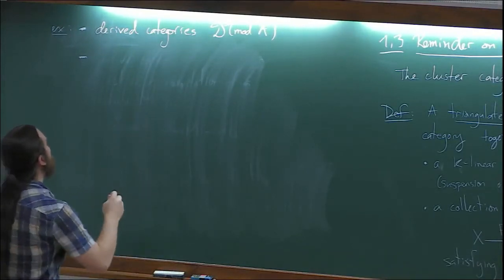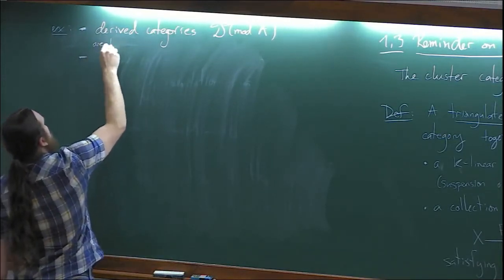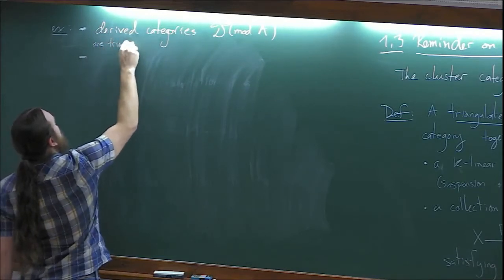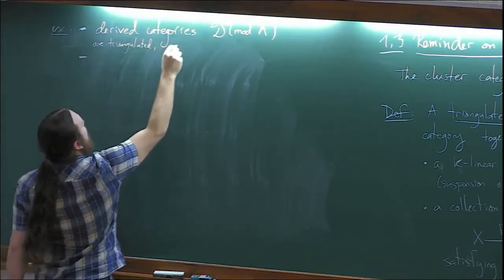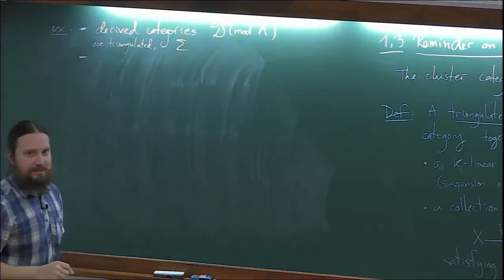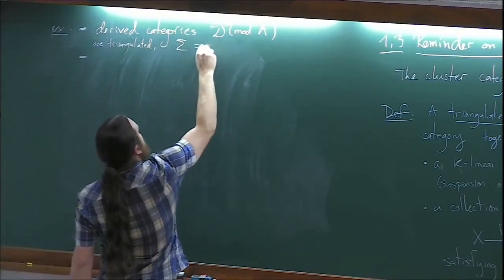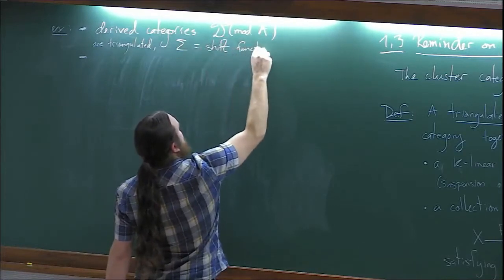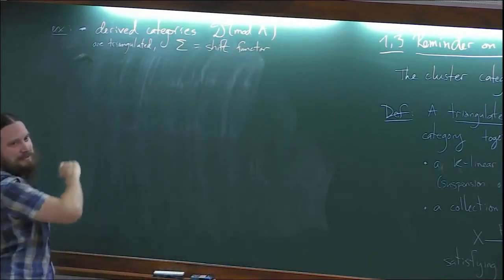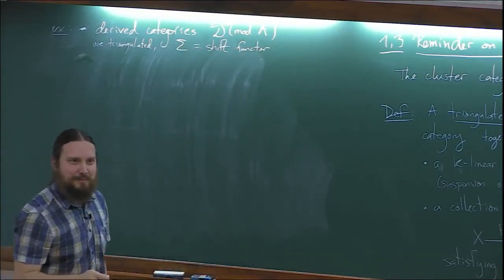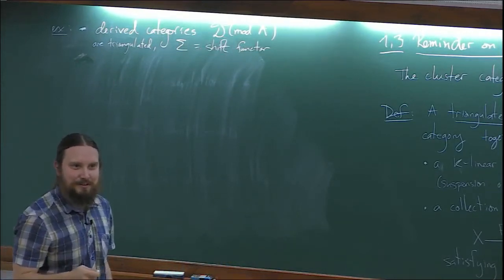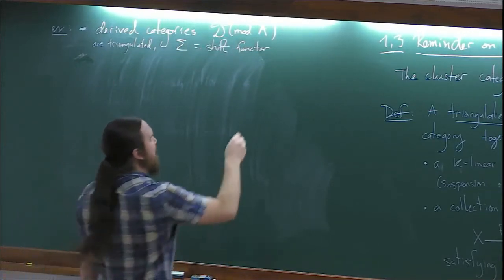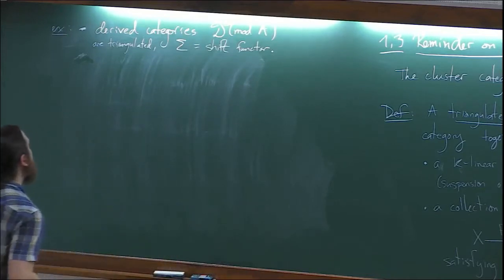So derived categories are triangulated, and the suspension functor is the shift. And this example is the reason why I sometimes make the mistake of calling the suspension functor the shift functor for an abstract triangulated category.